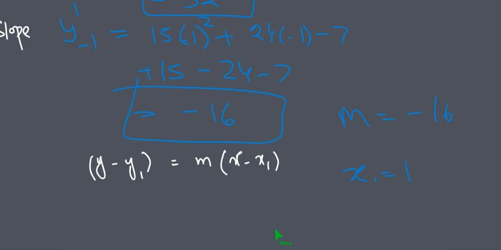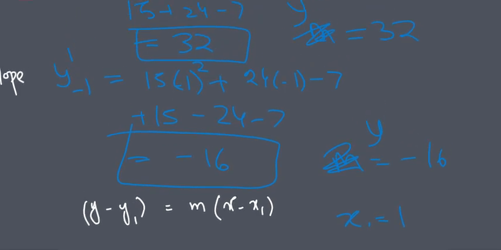Oh, yes. Is it 32? Yeah, because we put a 1 in the parent function, no? No, it is not 32. How can you say that it is 32?